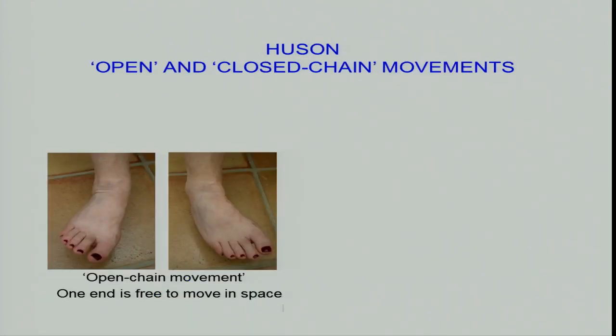And one of the interesting things was that he described and defined so-called open and closed chain movements, although Bertil says that I should say not closed chain, but constrained chain. You can take it as you leave it. But open chain movement, one end of the chain of joints is free to move in space. So open chain, the foot can pronate or supinate.